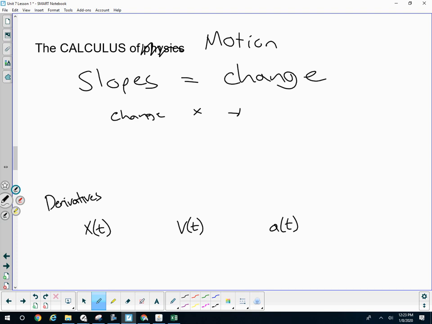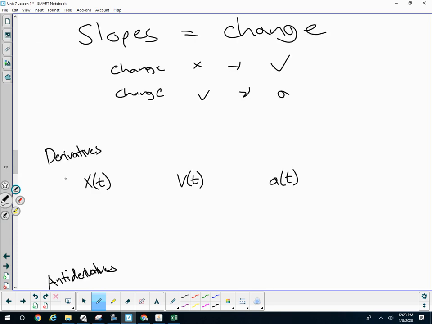Change in X gives us V. Change in V give us A. Or you talk more specifically, the derivative of X. You can think of that as X prime. Well, X prime is just V. The derivative of V, you can think of as V prime. Well, V prime is just A. And v prime is the same as x double prime.